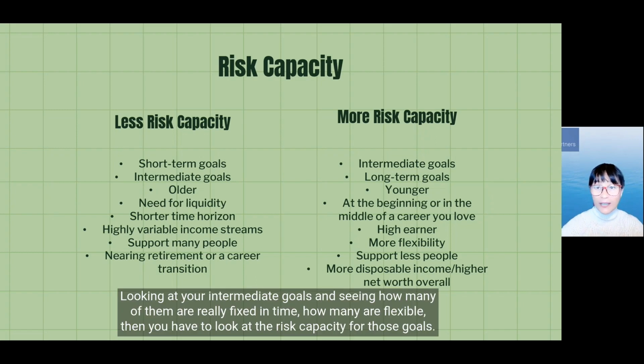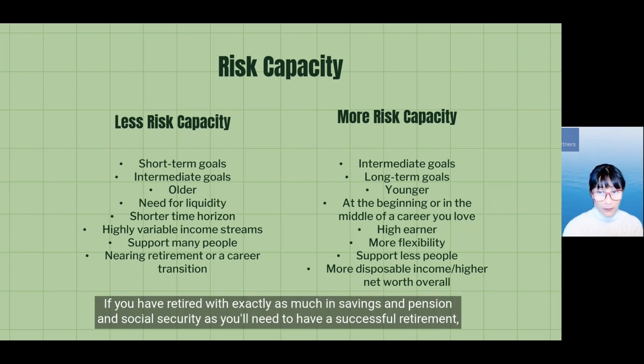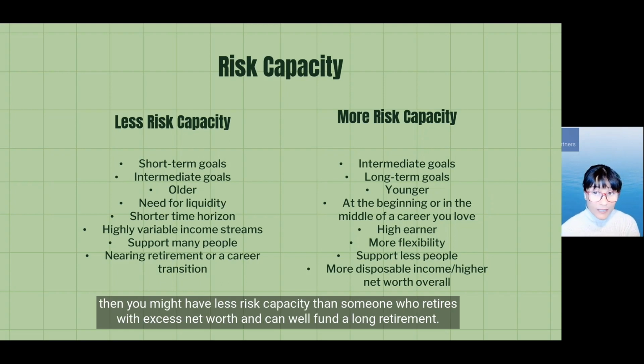So looking at your intermediate goals and seeing how many of them are really fixed in time, how many are flexible, then you have to look at the risk capacity for those goals. If you're older, maybe you have less risk capacity. If you have retired with exactly as much in savings and pension and social security as you'll need to have a successful retirement, then you might have less risk capacity than someone who retires with excess net worth and can well fund a long retirement.